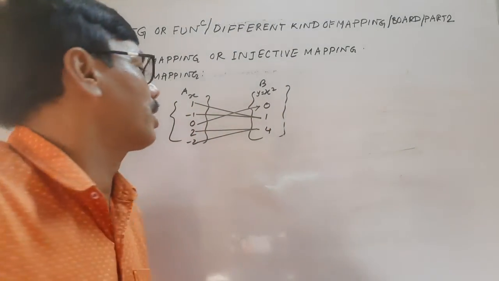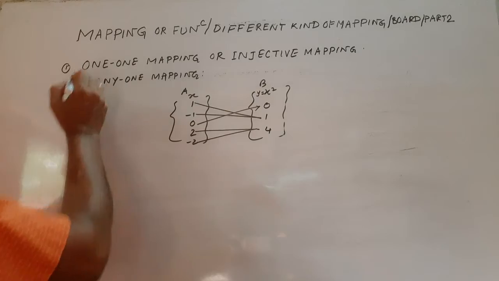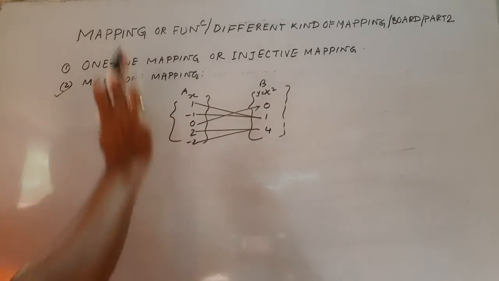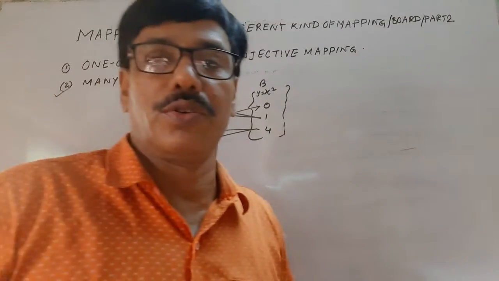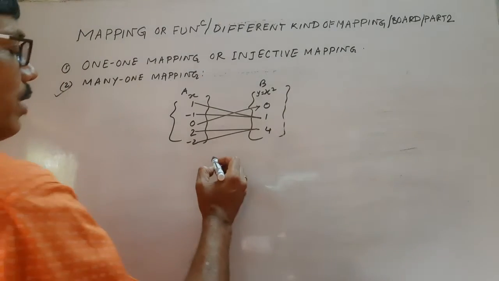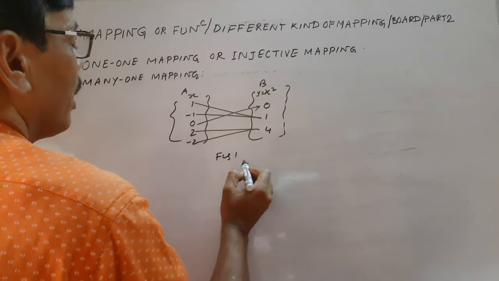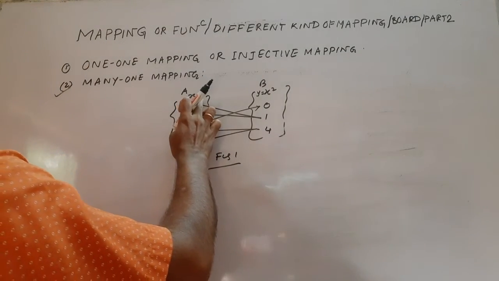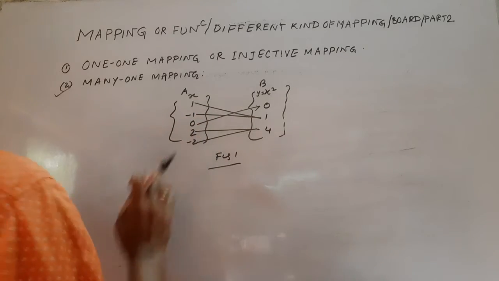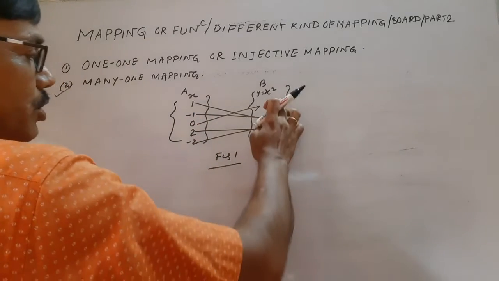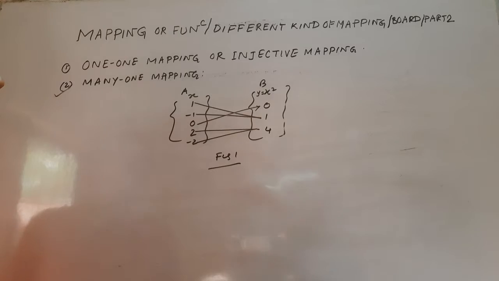Now, second one, many-one function. Consider figure 1. A is a set having elements 1, minus 1, 0, 2, minus 2, and B is 0, 1, 4.